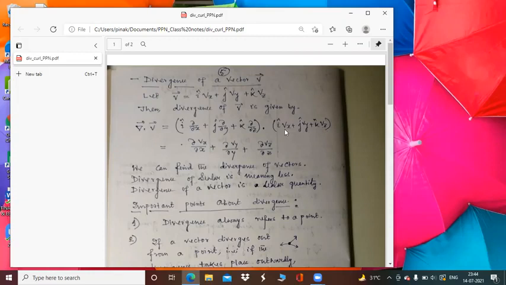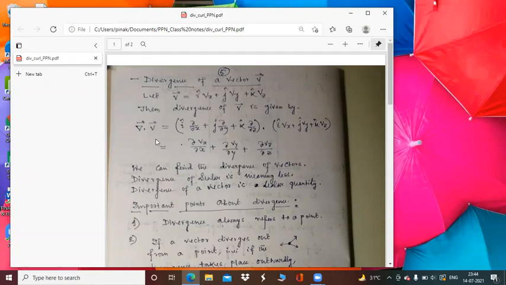That is, here in place of v bar we are writing the Cartesian component expression of v bar. And if you find this dot product, you will have del vx del x plus del vy del y plus del vz del z. So this is the expression for divergence of a vector v bar.